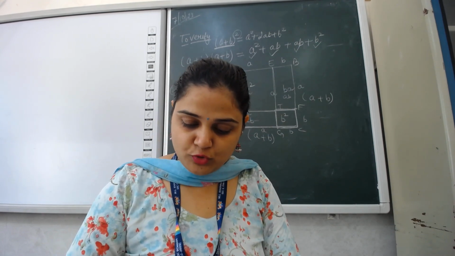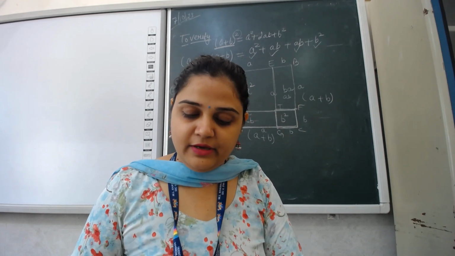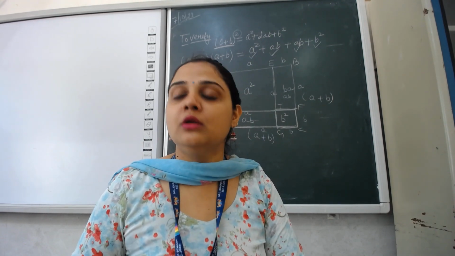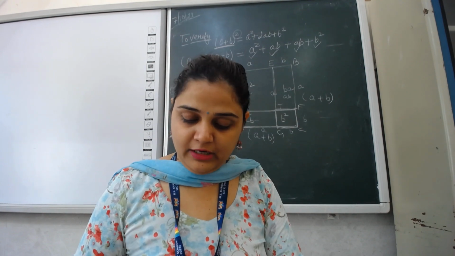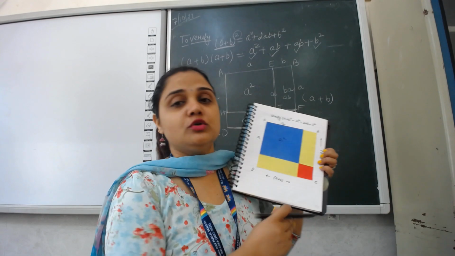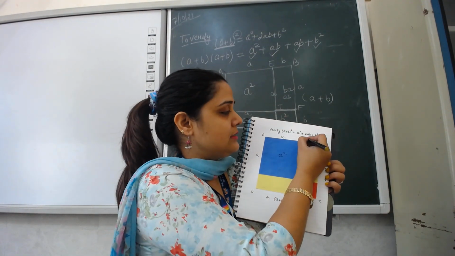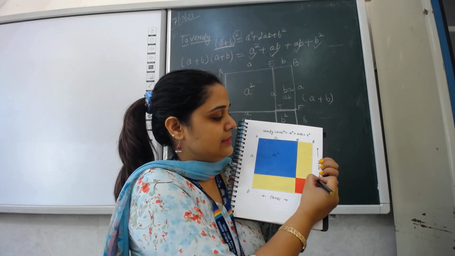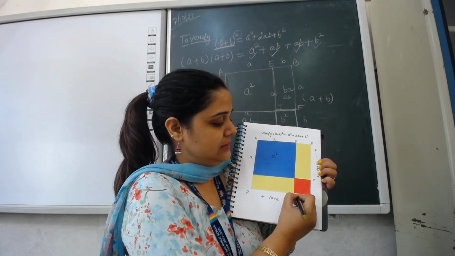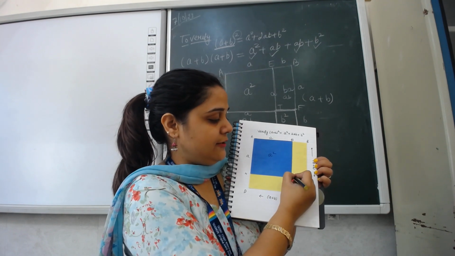You are supposed to paste it in the opposite corner, although we can paste it anywhere in the remaining yellow portion, but then it will be a bit difficult for you to verify the property, not very much. So this is how I am pasting it. Okay, so now I have got this is E, this is F, this is G, this is H, and this point of intersection is I.